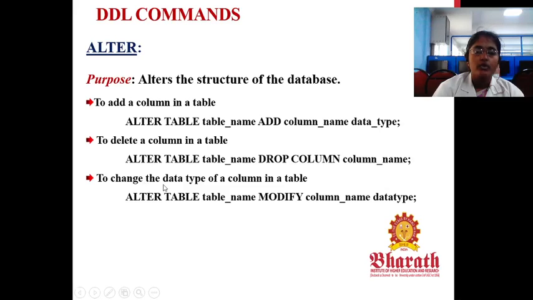Then in order to change the data type of a column, if it is declared as integer and you wish to change it to character, then modify is the keyword. See here, alter table, table name, and modify the column name and then the data type you're going to change to. If it is integer already and you're going to change it to character, then we put the column name here and the character here.